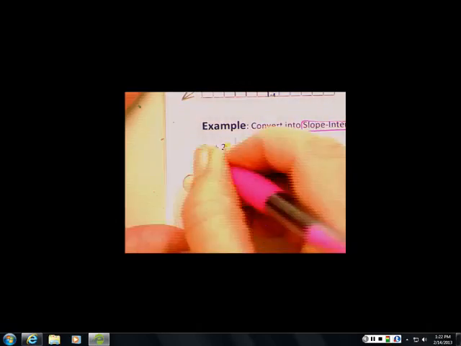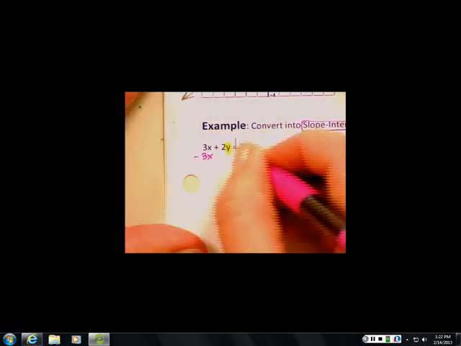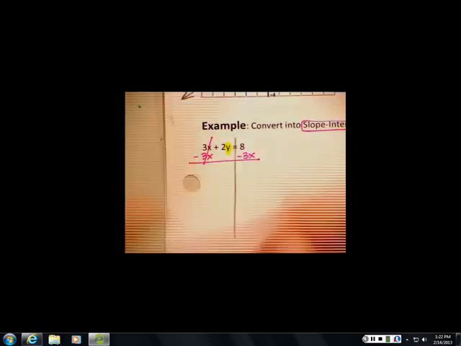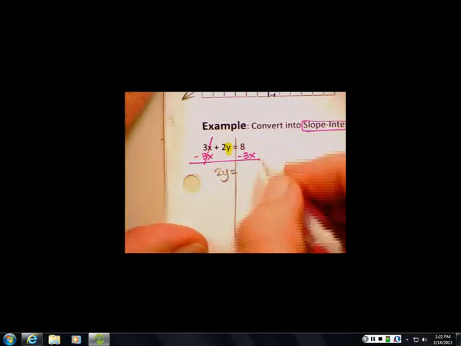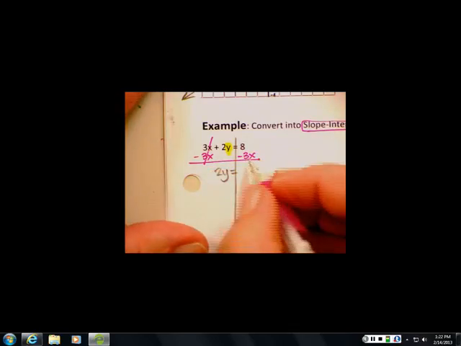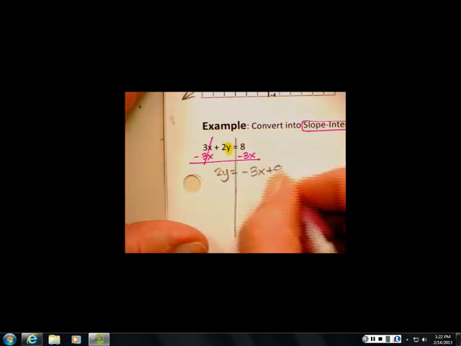So I start by subtracting 3x from both sides. Those cancel. That leaves me with a positive 2y equals, make sure when you're doing this that you're putting your x first. Don't write this as 8 minus 3x. Write this as negative 3x plus 8.